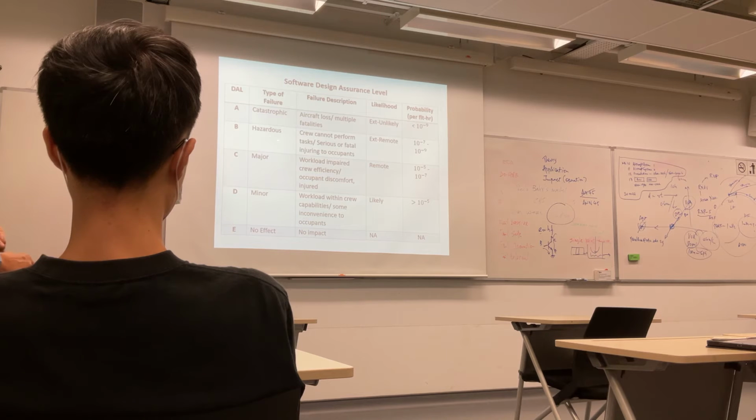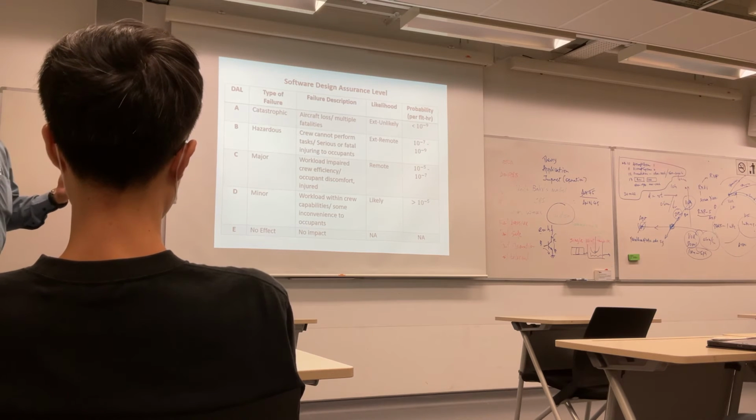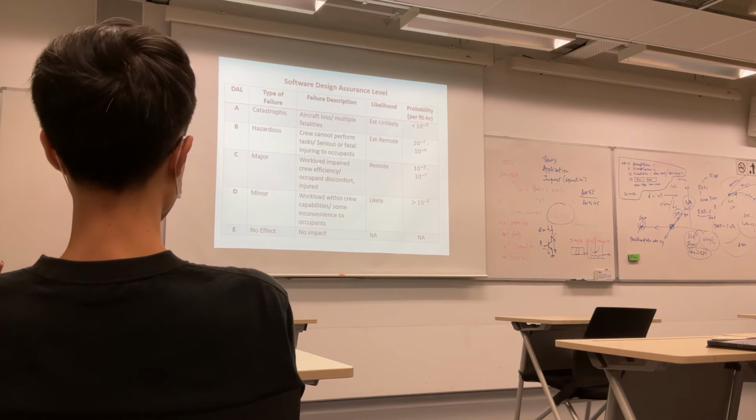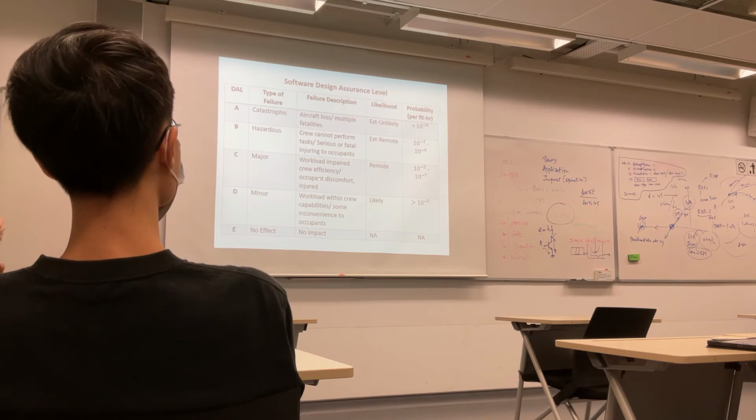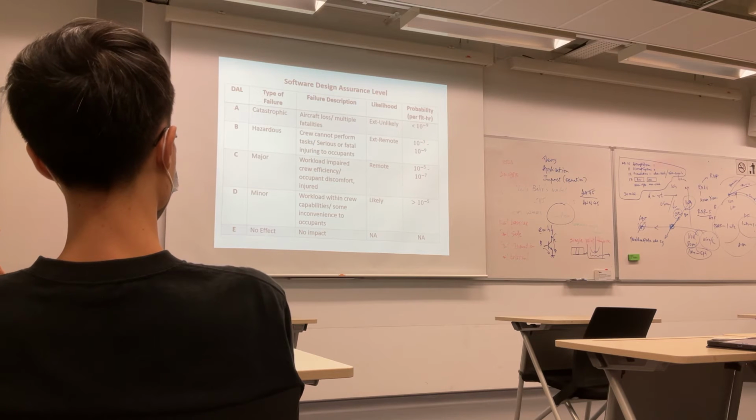Hazardous, if the crew cannot perform, that means it's a serious disability of the aircraft. Major, workload is impacted, there will be discomfort. Then the requirement is remote, extremely remote, extremely unlikely, which is the probability of it happening. E is no impact.